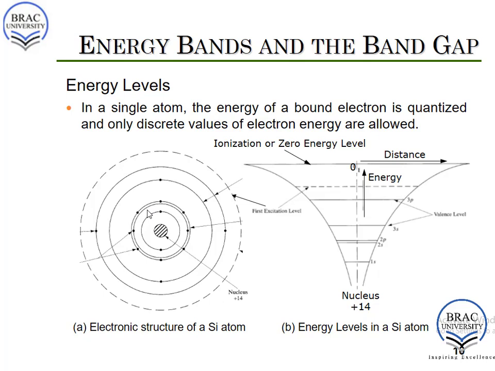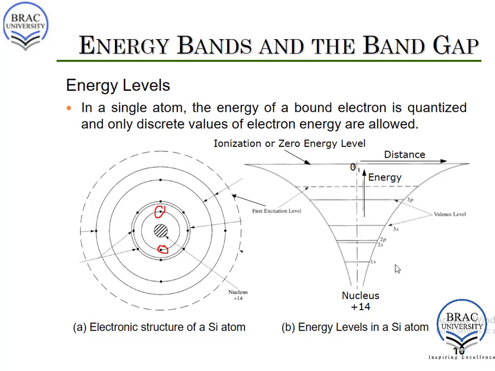So in the case of an isolated silicon atom, each of the orbitals has a discrete energy level. What does that mean? Let's say these 2 electrons, this one and this one, they are both in the 1s orbital and their energy is fixed, which is shown in this diagram with this level.